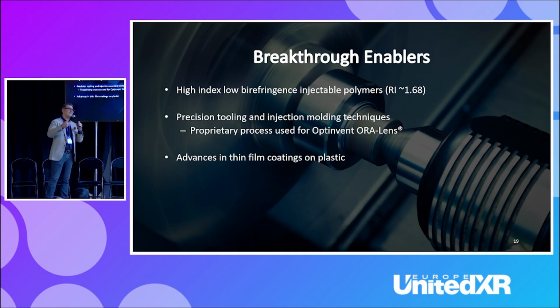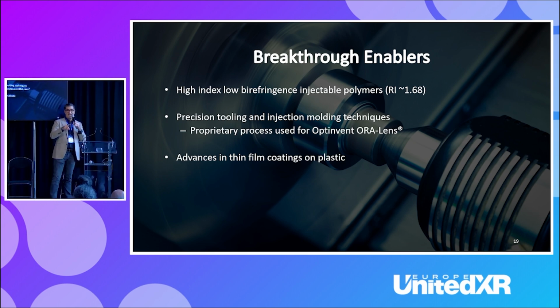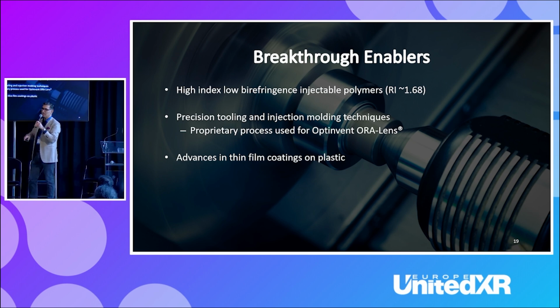And we have a proprietary process that is used for making our Aura lens, which is super top secret. And it's allowed us to make the plastic with the levels of accuracy and tolerances that we need to make a waveguide.